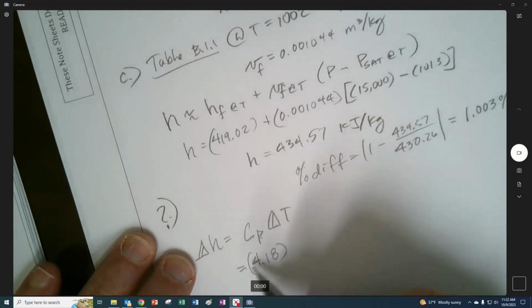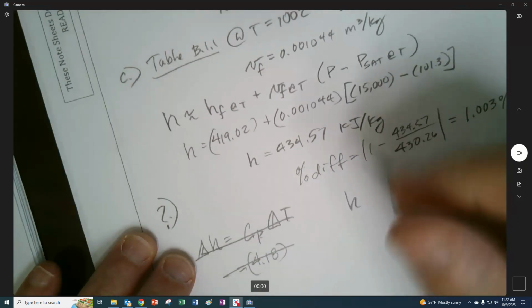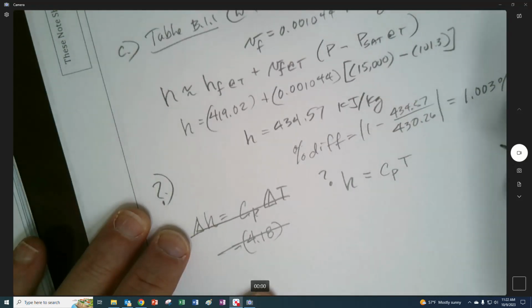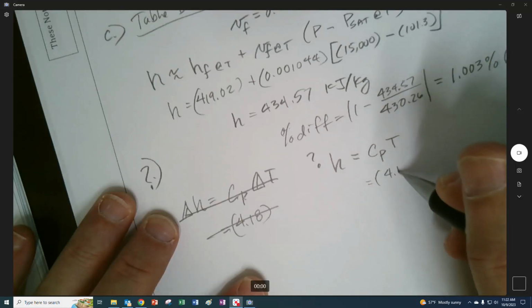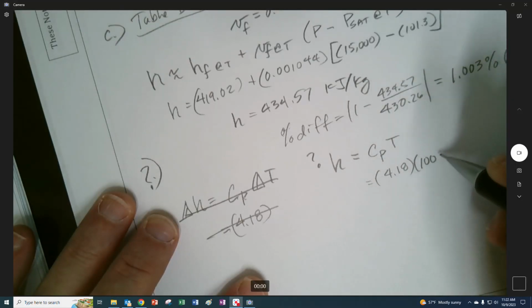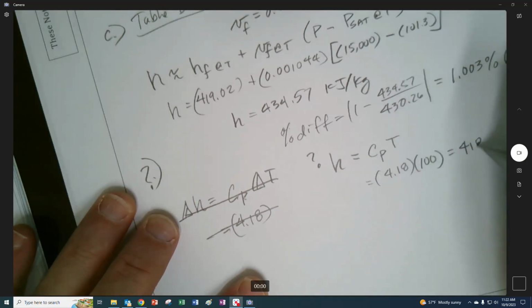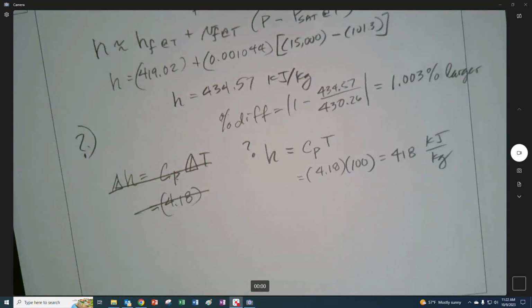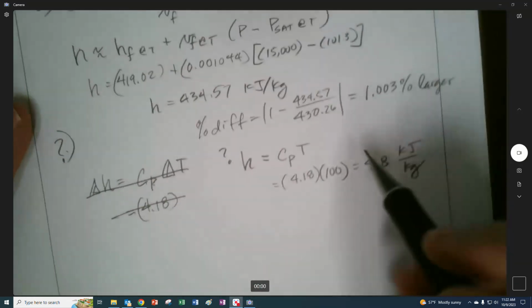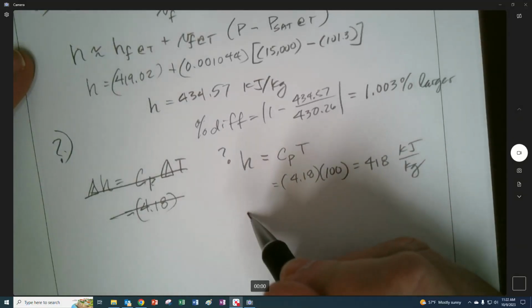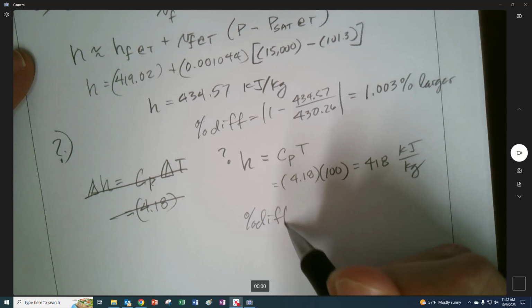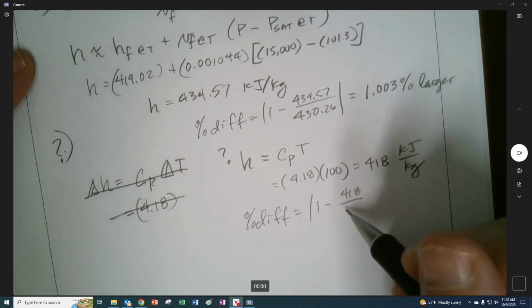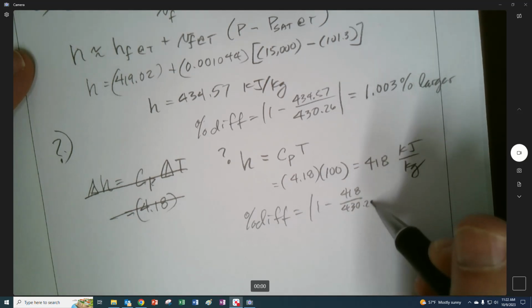We don't know if this is true. Let's just go CP times T, right? So 4.18 times 100, we get 418 kilojoules per kilogram. It's not terrible. The percent difference is going to be 1 minus 418 over 430.26.